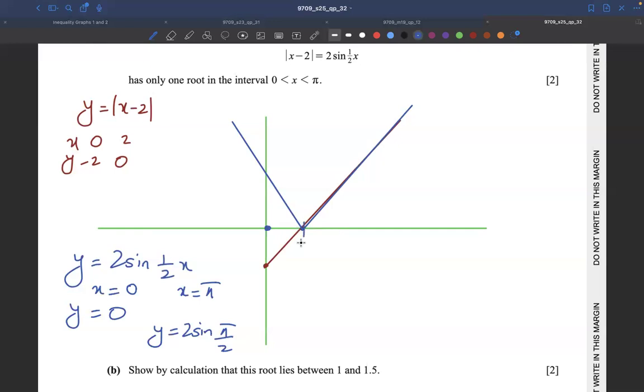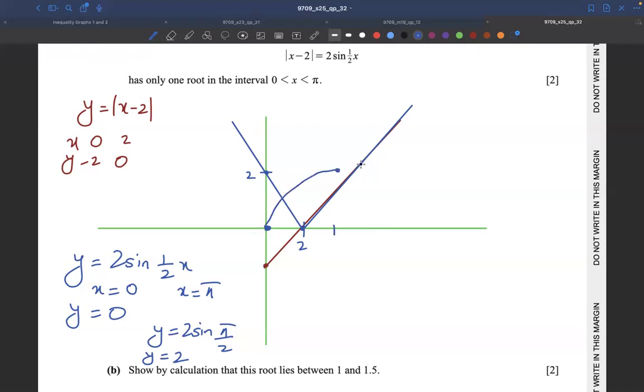This point was 2, and pi means 3.142. So let's say this is 2 over here, 3 is over here, and what we are getting is 2 over here as well. So the graph for 2 sine half x would be like this.